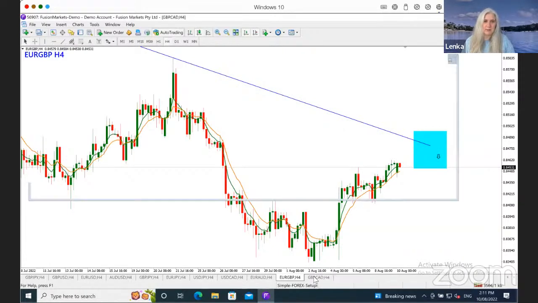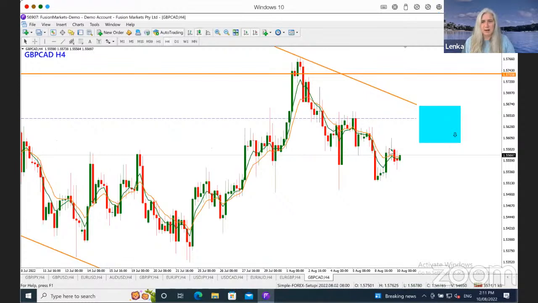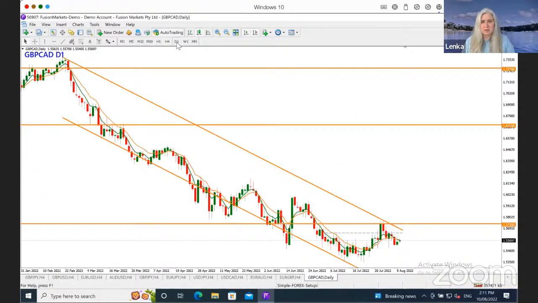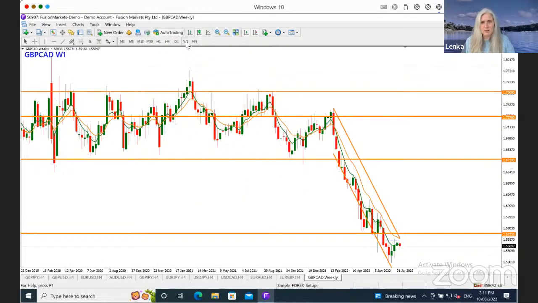The next currency pair, and the last one, is GBPCAD, and on GBPCAD, I'm looking for short. So we've been in that downtrend for some time, and on the weekly, we are still below the previous level of support.